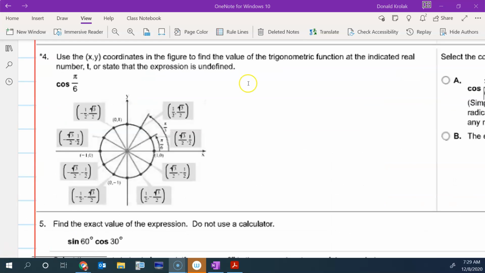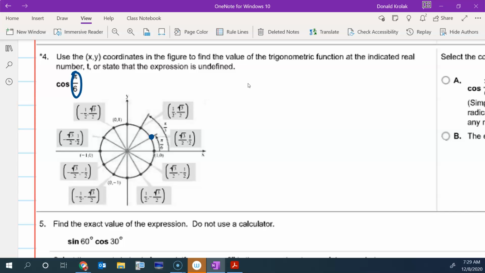Function at the indicated real number t. State the expression or state the expression as undefined. So if there isn't a sine or a cosine, if it's undefined, which that doesn't happen, then you would say undefined. All right, so number 4 is pi/6. So here's our pi/6.